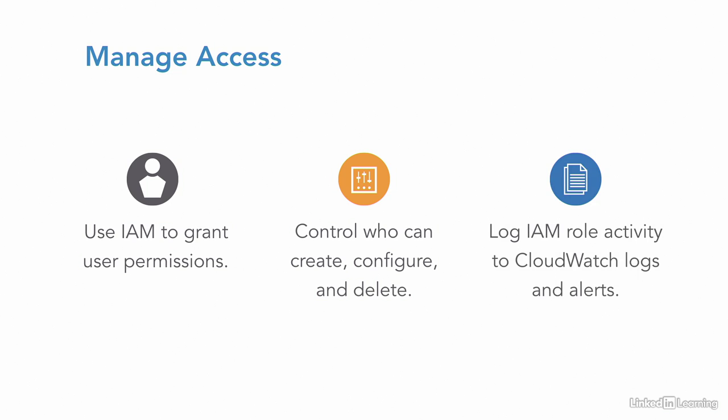Any activity can actually be logged to the monitoring service at AWS. The monitoring service is called CloudWatch, and it can log the access that's going on within my AWS account. And it can also alert me if there's any issues that I'm concerned about. And I get to define what should be alerted.